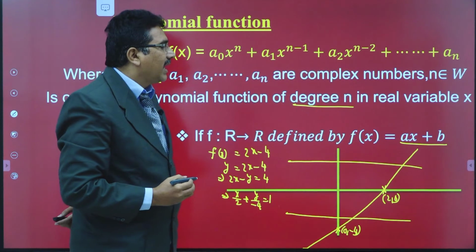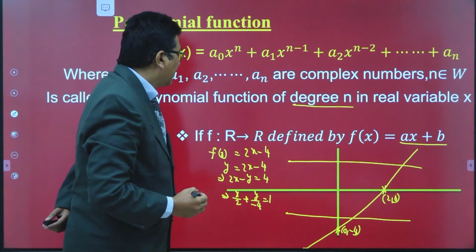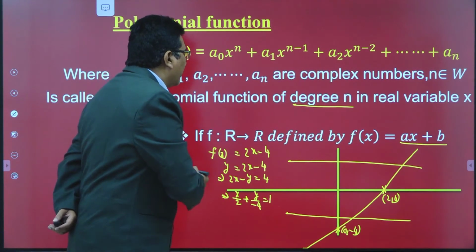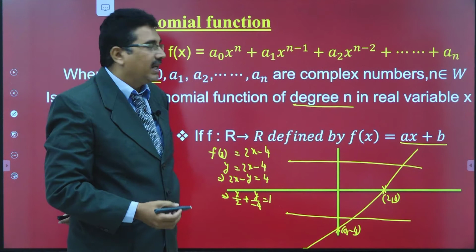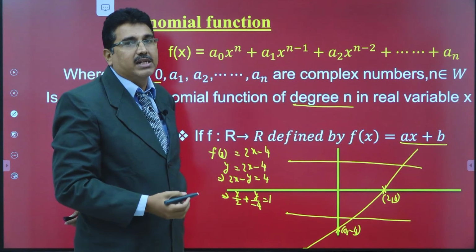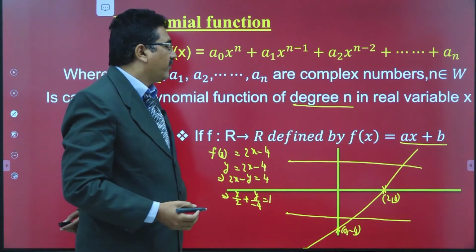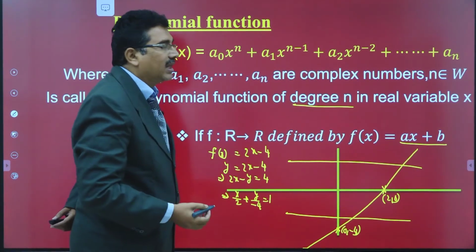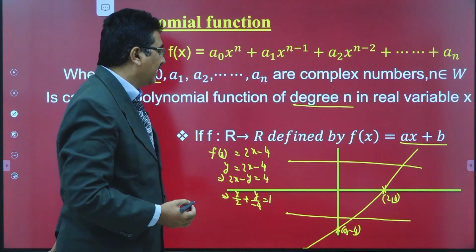Then it is a bijective function. Remember, if f mapping from R to R defined by f of x is equal to ax plus b is a linear function, this is a bijective function from R to R or Q to Q. This is also a bijective function.